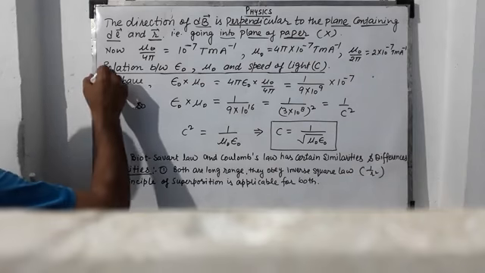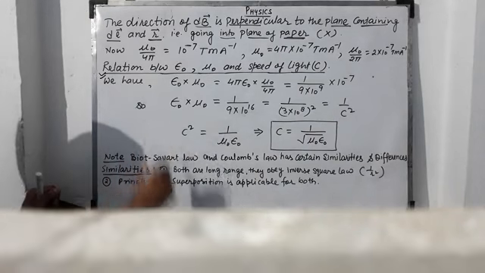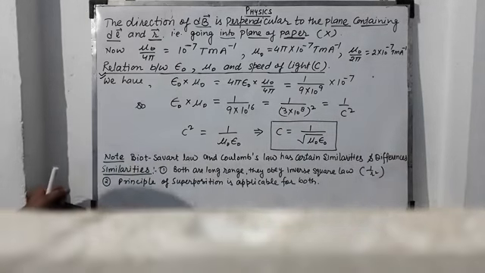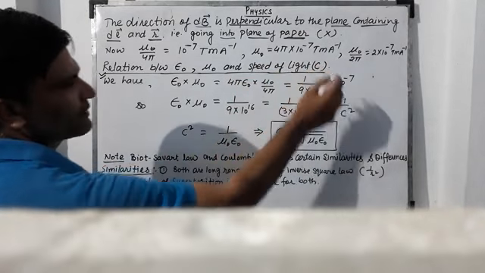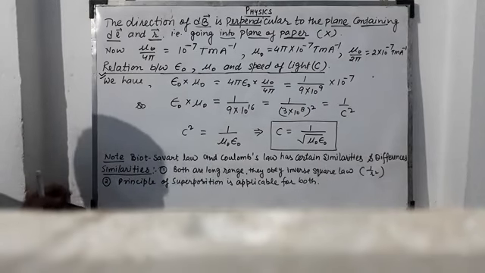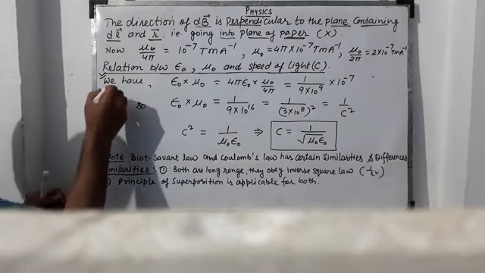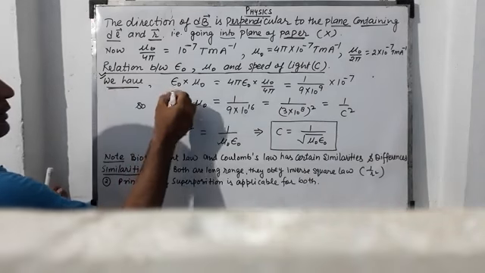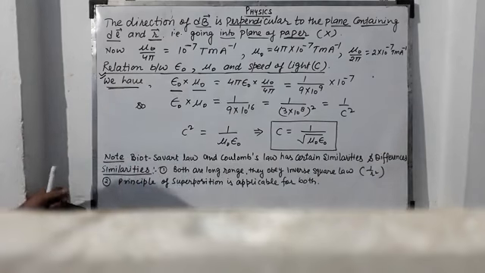Now there is a relation between epsilon naught, the permittivity, mu naught, the permeability, and c, the speed of light, that is 3 into 10 to the power 8 meter per second. For this we have the product of epsilon naught and mu naught.